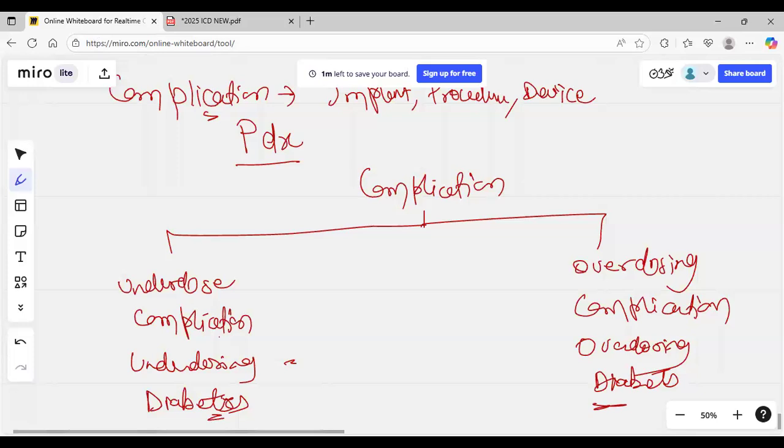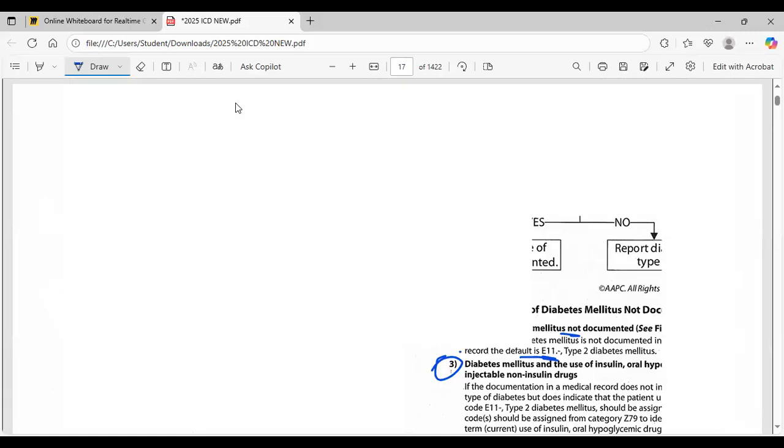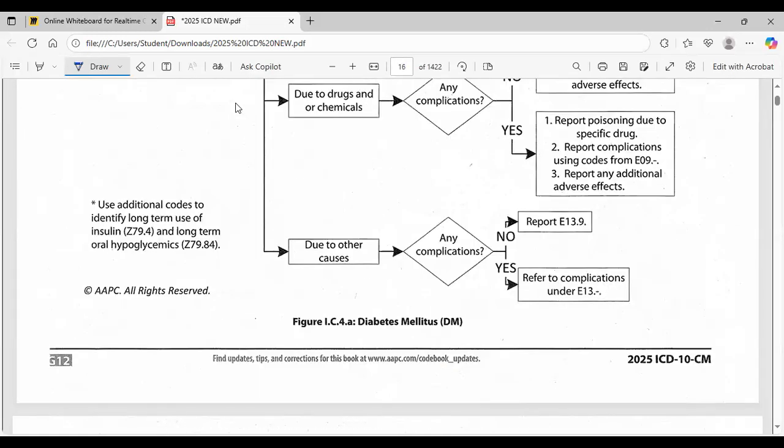Any questions so far? You guys are able to unmute yourself now. Okay, perfect. So what I'm going to do now is pull the guidelines here and go through the guideline.